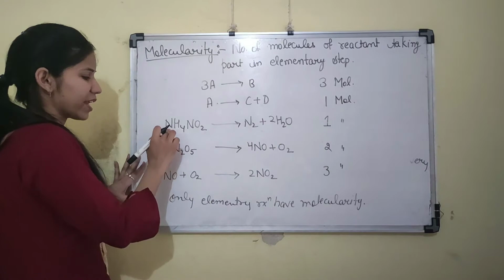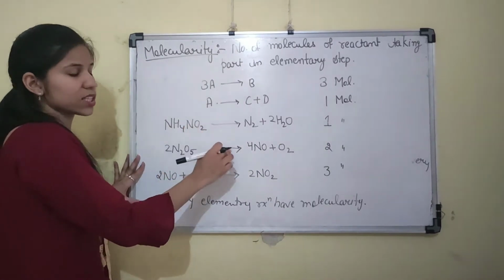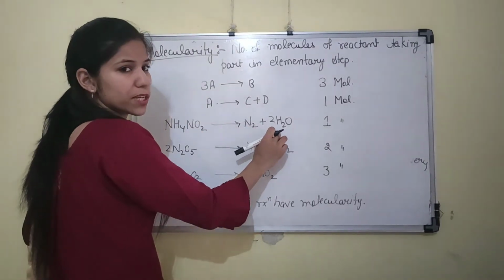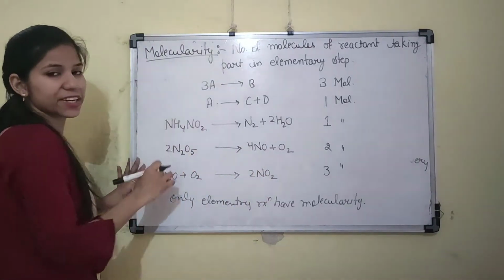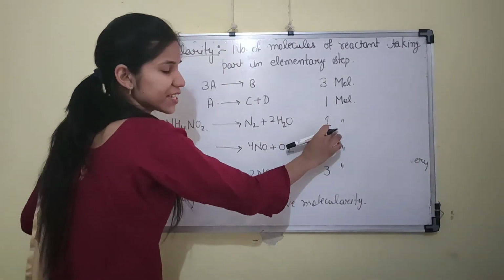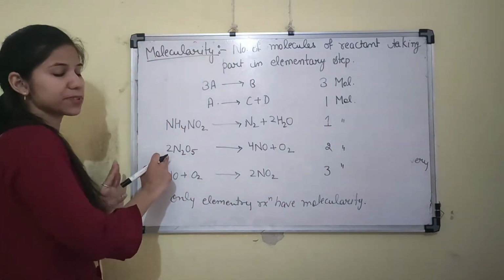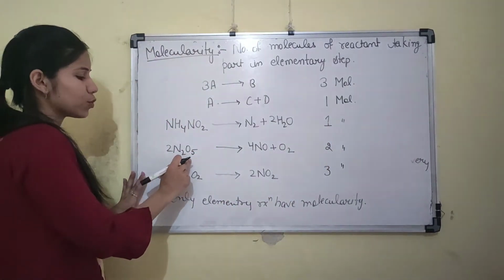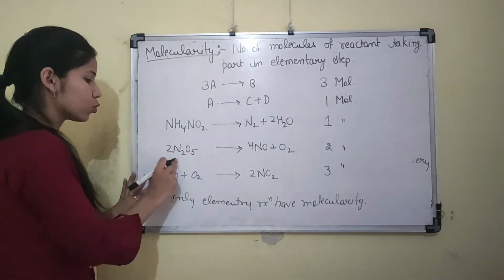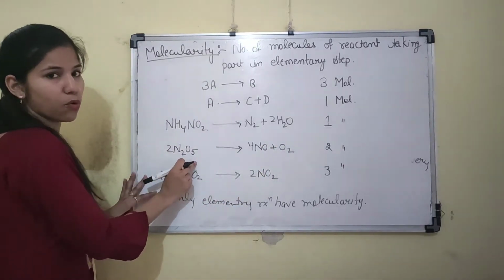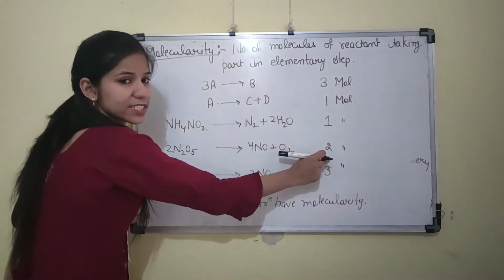And in the reaction NH4NO2 gives N2 plus 2H2O, only one reactant is present, so the molecularity is 1. The next example is 2N2O5 gives 4NO plus O2. There are 2 molecules of N2O5, so the molecularity is 2.